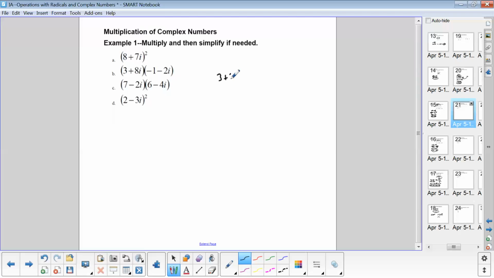So here, let's take 3 plus 8i and -1 minus 2i. So these are different. So we get -3, -6i, -8i, and a positive 16i squared.